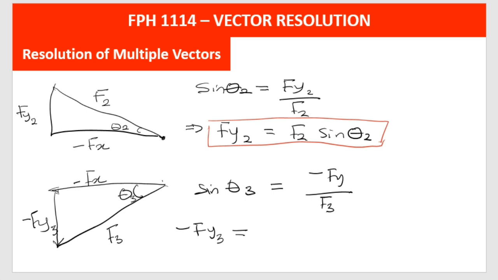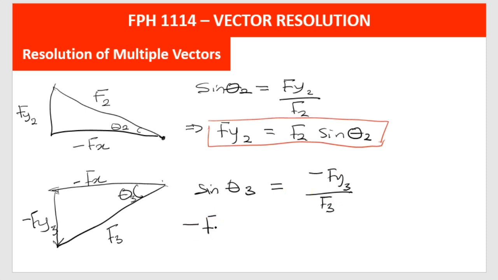opposite over adjacent. Alright, so here we have, I think there's something here we need to adjust. So here we have this is minus Fy3.